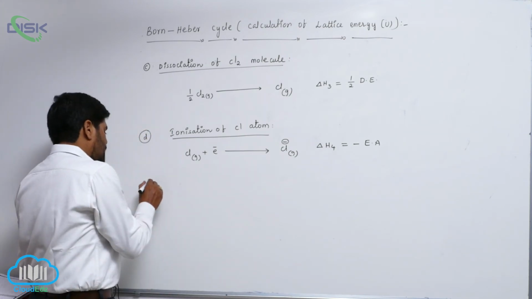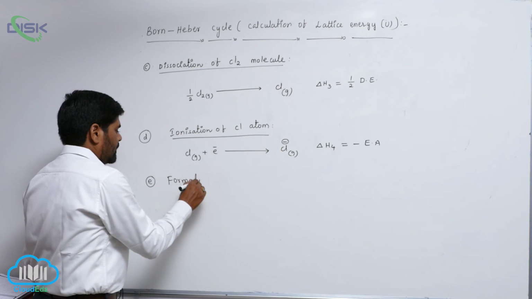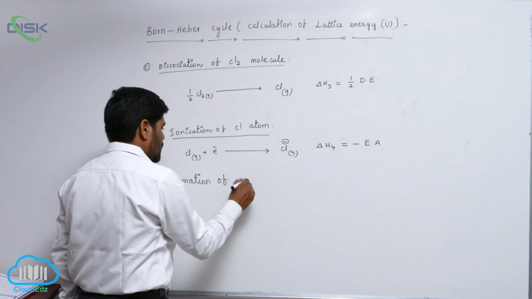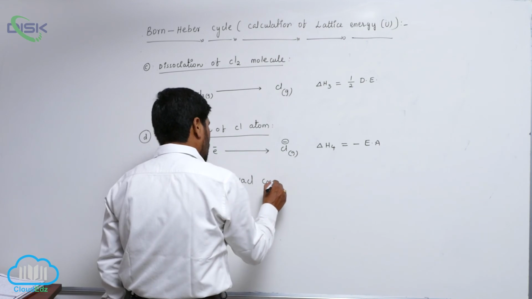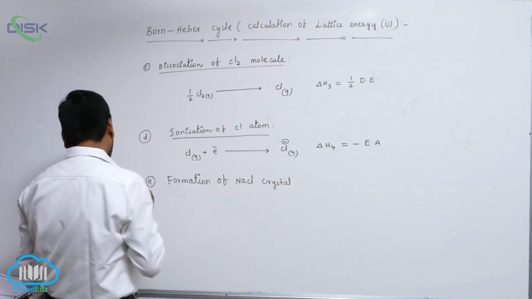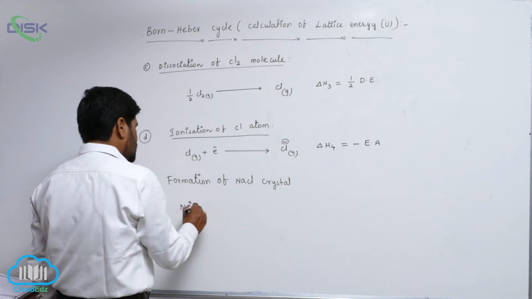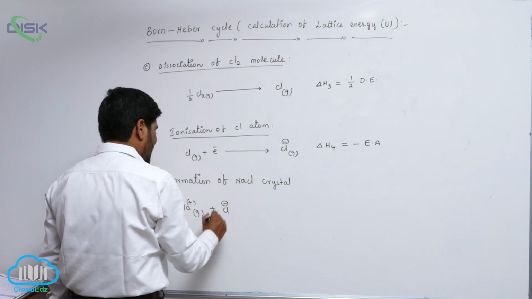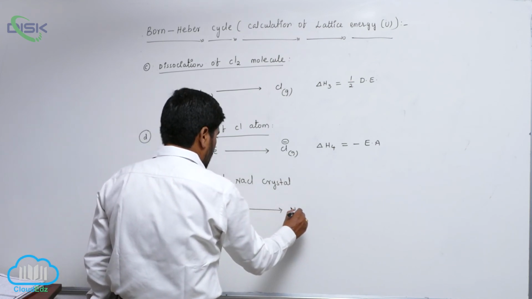Now the final step is formation of sodium chloride crystal. That is Na plus in gaseous state and Cl minus in gaseous state forming sodium chloride.